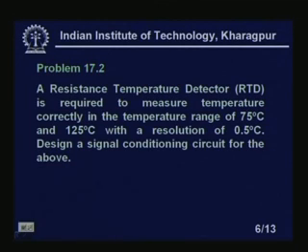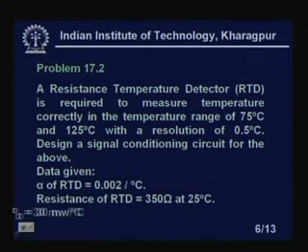Design a signal conditioning circuit for these requirements, and some data are given. They are that alpha, the temperature coefficient of resistance of the RTD, is 0.002 per degree centigrade, and the resistance of the RTD is 350 ohm at 25 degree centigrade, and the power dissipation factor is 30 milliwatt per degree centigrade, right.